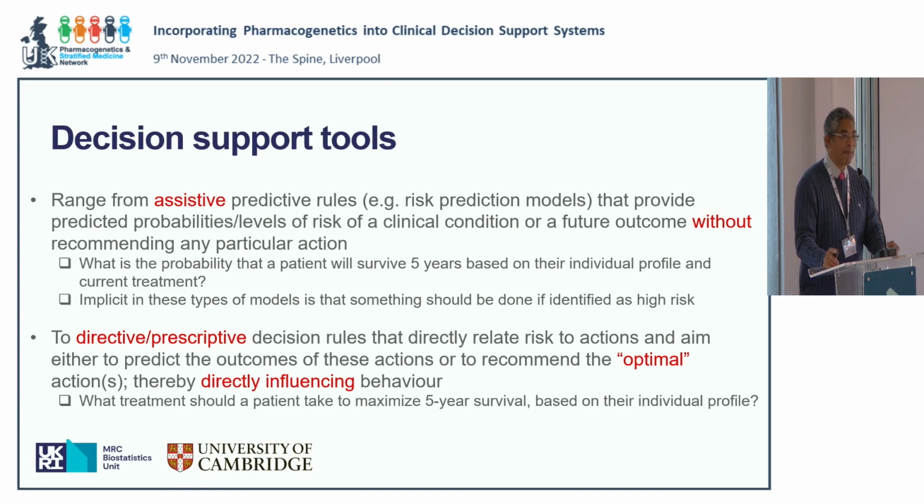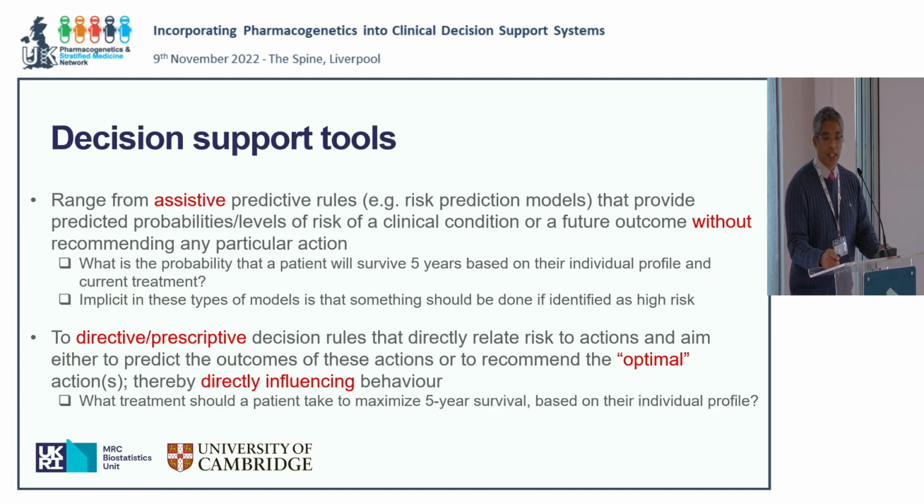There are different types of decision support tools. So there's a spectrum. They range from assistive predictive rules, things that I think of as risk prediction models, that provide predicted probabilities or levels of risk of a clinical condition or prognosis or the progression of a disease, so a future outcome, without necessarily recommending any particular action.